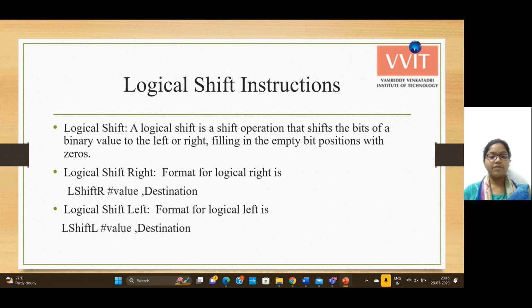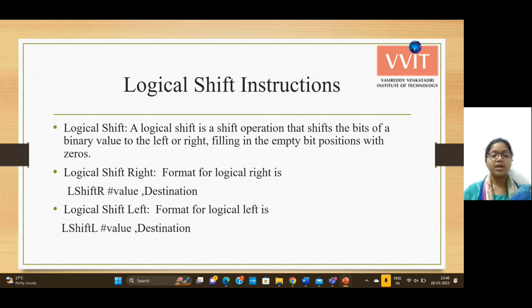The format for logical shift left is LSL hash value comma destination. Here the value specifies how many times the logical shift left should be performed on the destination. So in logical shift left, all the bits of the binary value are moved towards left, and the empty bit position on the right end is filled with 0.